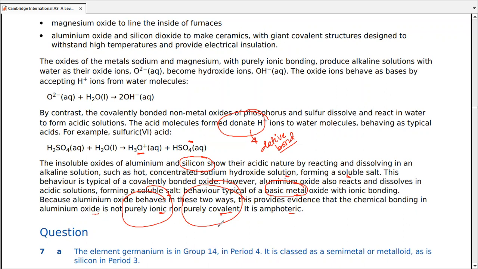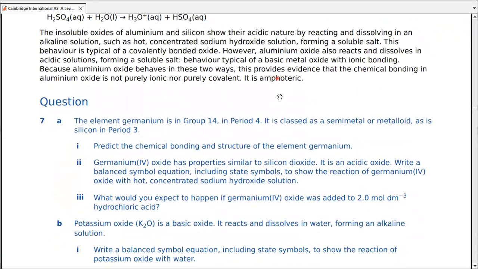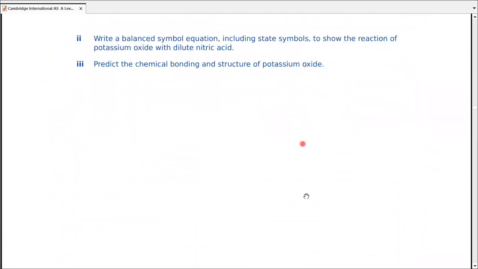We have already discussed the ionic character in covalent bonds, but the covalent character in ionic bonds is yet to be discussed, and I specifically mentioned that we are going to do that in A2. So half of this has already been cleared up in AS. The rest, we are going to clear in A2. That's where A levels draw boundary lines, and we are going to keep those boundary lines intact.